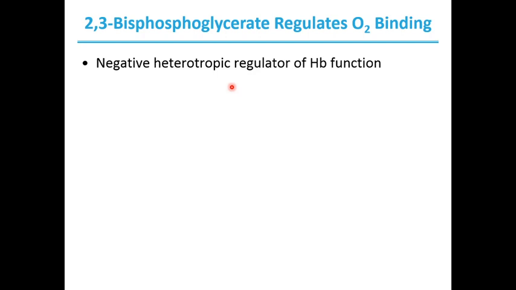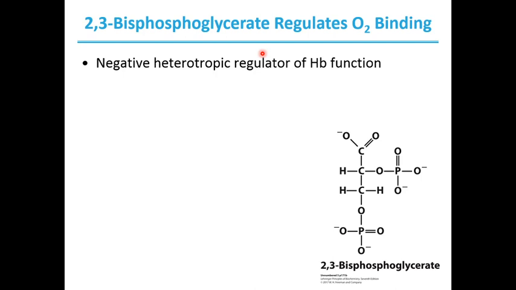A negative heterotropic regulator means that when this ligand, 2,3-bisphosphoglycerate, binds to hemoglobin, it makes hemoglobin bind less oxygen. That's what it is. And this is 2,3-bisphosphoglycerate.